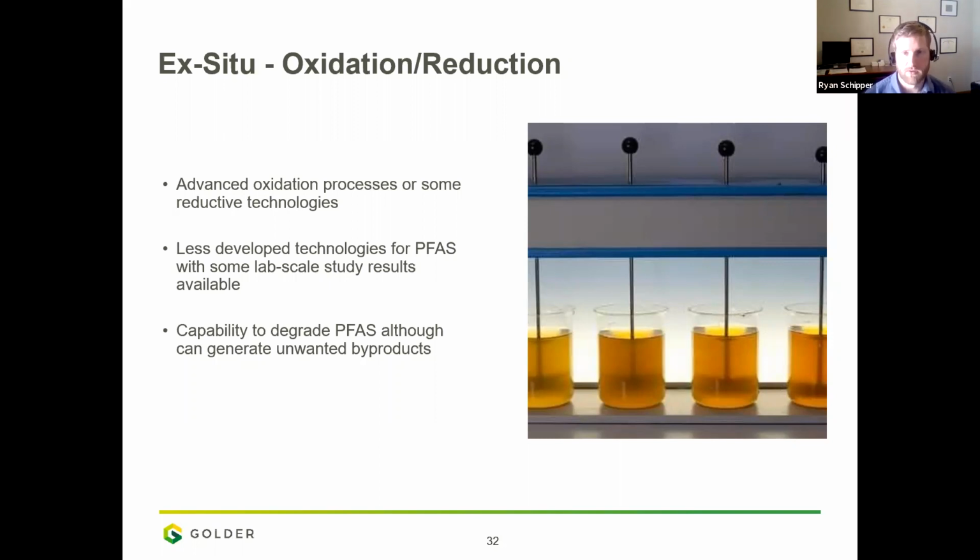One of the pretty promising technologies here is electro-oxidation, specifically with boron doped diamond blades. So that sounds expensive, and it is, but with those coated blades there are some good results, at least on the bench scale, showing destruction of PFAS with some fairly complex wastewaters.